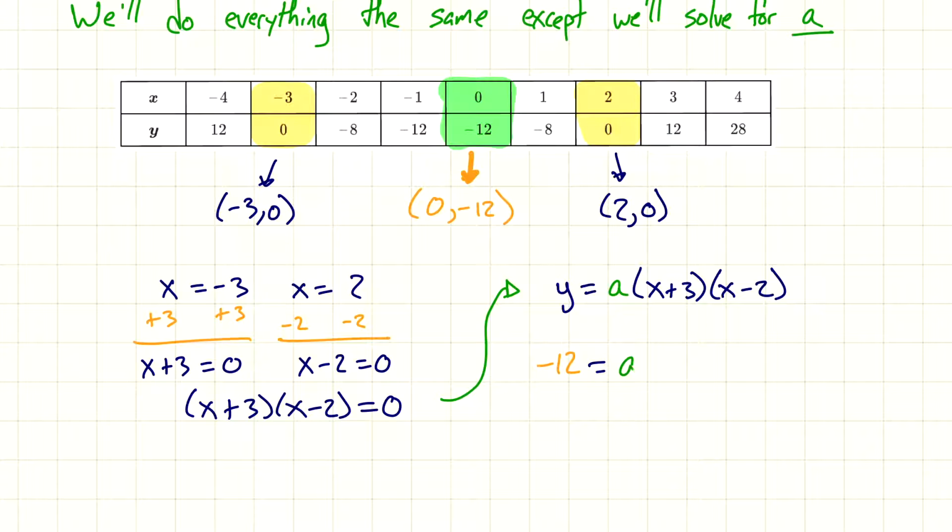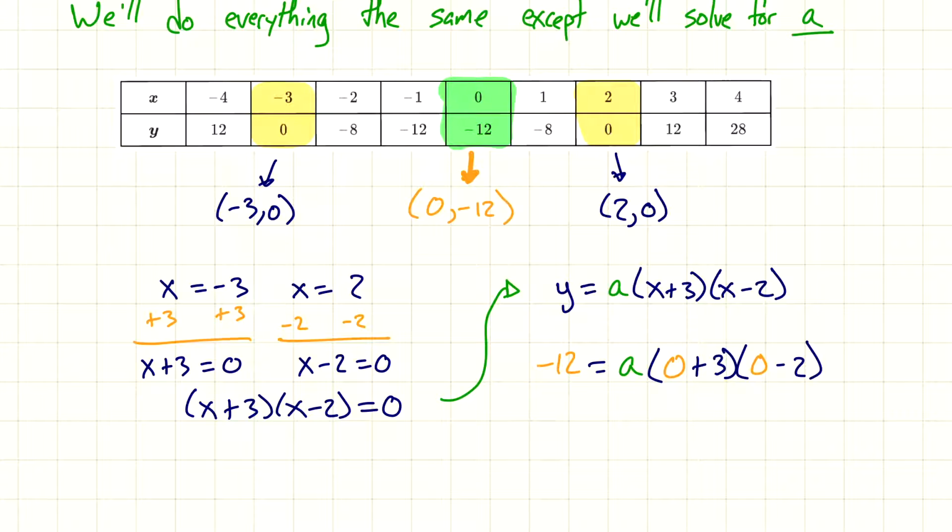So I still have my a value, and then I have something plus 3 and something minus 2. So that something is going to be 0. That's from my y-intercept. You could use any of these other points. So if you wanted to use these other points, you could use those as well, and it'll still work. I think just y-intercepts could be a little bit easier for some people.